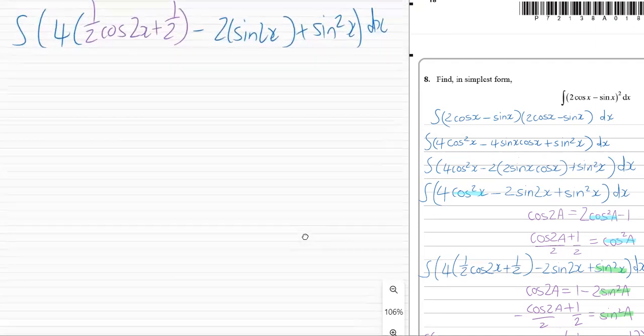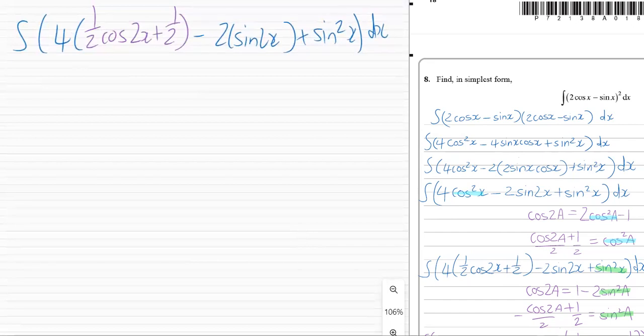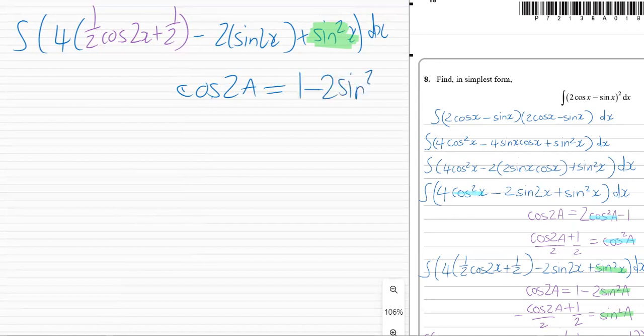So this is what it looks like so far, and I am tracking this one down. This green one is the one we want. So if you know your double angle identities, then cos 2a, not sine, will be equal to, and this time I'm going to use the one that has sine squared a in. So this one.